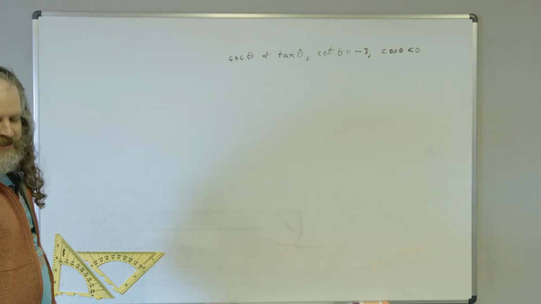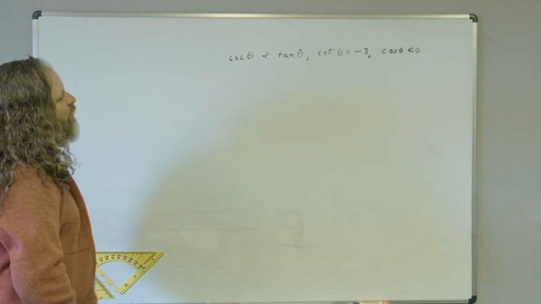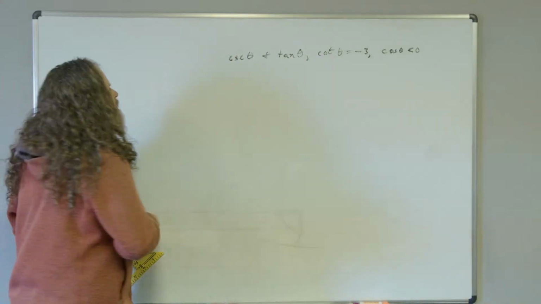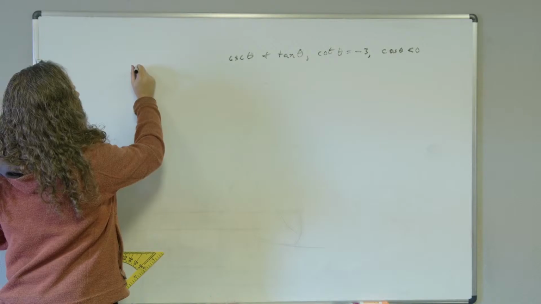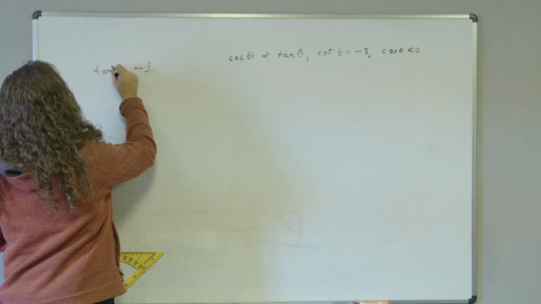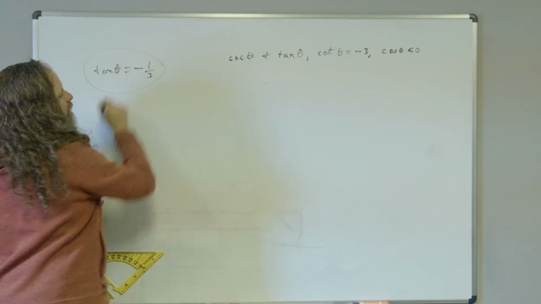We can find tangent easy. Tangent is -1/3, because it's the reciprocal of cotangent.